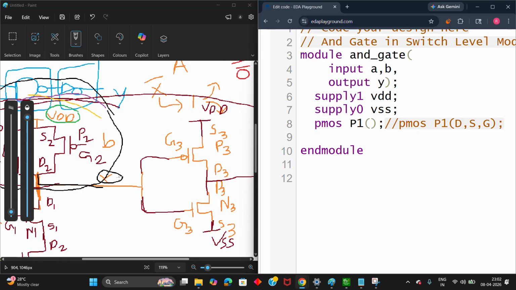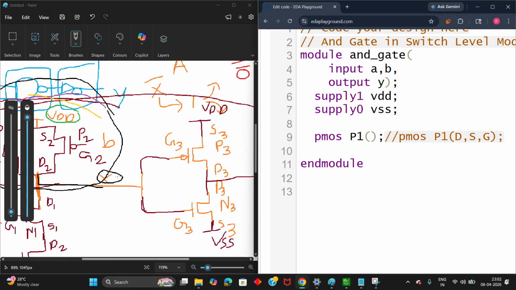It is not reg. Why? Because if you take it as reg, then it is going to just simply store it. But you need X to be a wire. Why? Because it is connected to the inverter circuit. Okay, I hope you understand it. It needs to be continuously driven to the inverter circuit, so wire X.